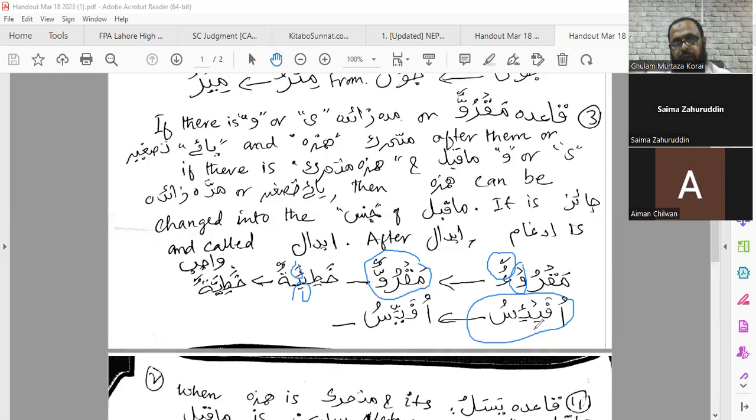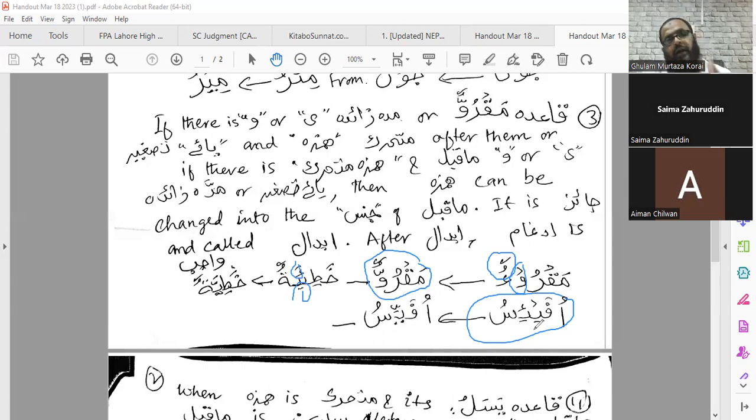And when now it becomes ufayisun, idgham would be wajib, because the first harf is sakin and the second harf of the same jins is mutaharrik. So the first would be mudgham into the second one. It will be ufayyisun.